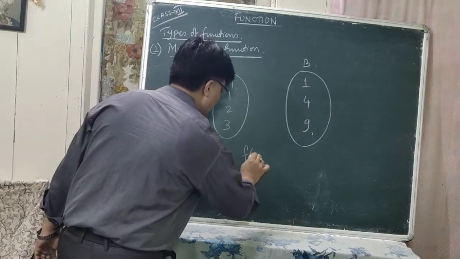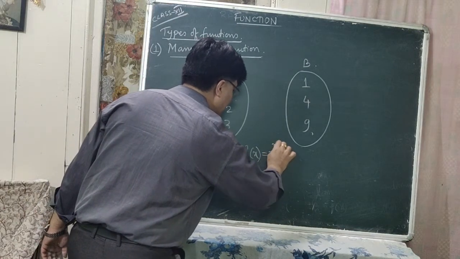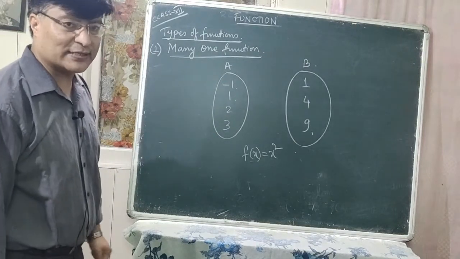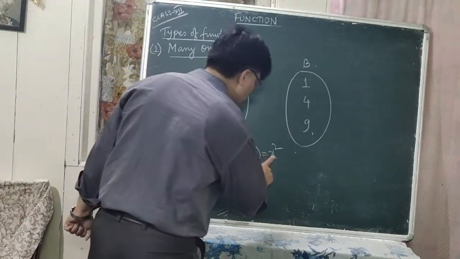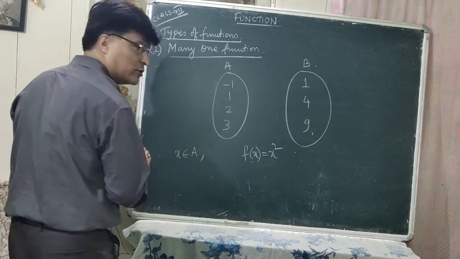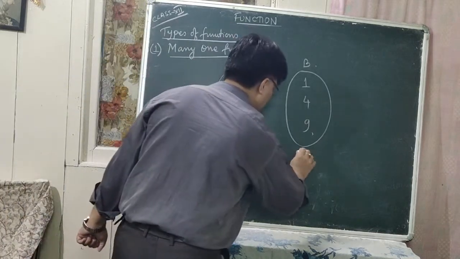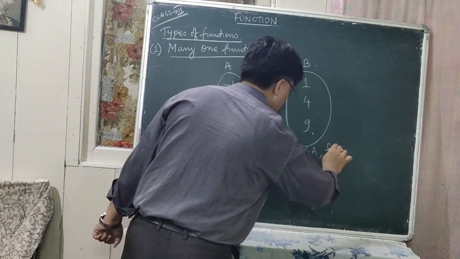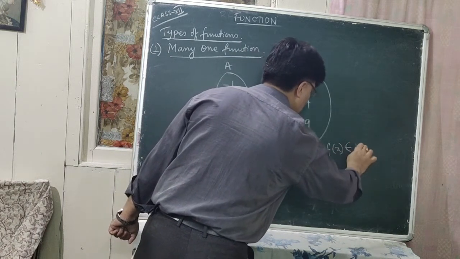Suppose f of x is equal to x square is given. Okay. So now here x belongs to the set A. Here x belongs to the set A and f of x belongs to the set B.